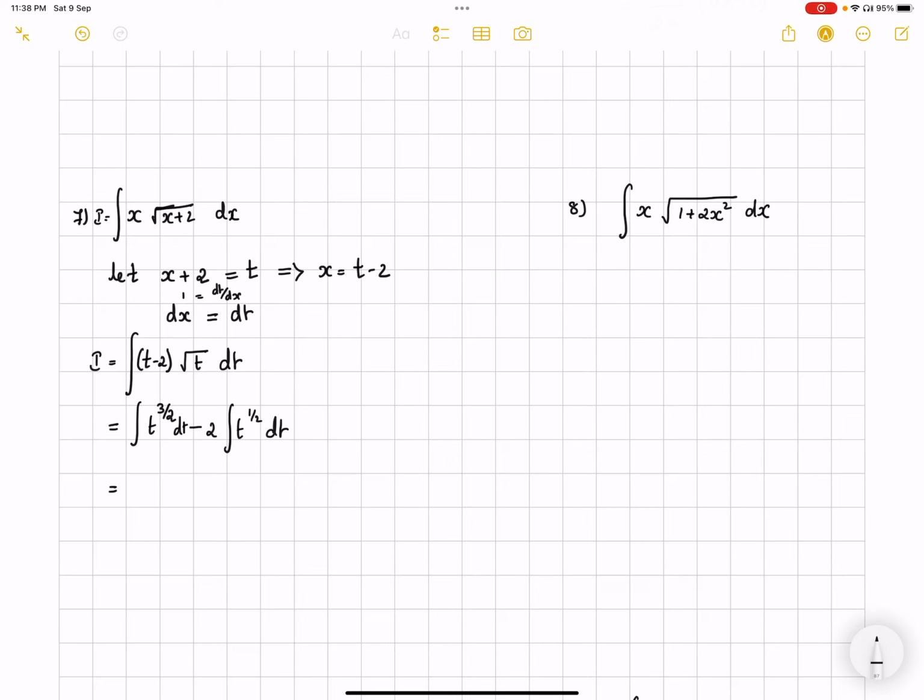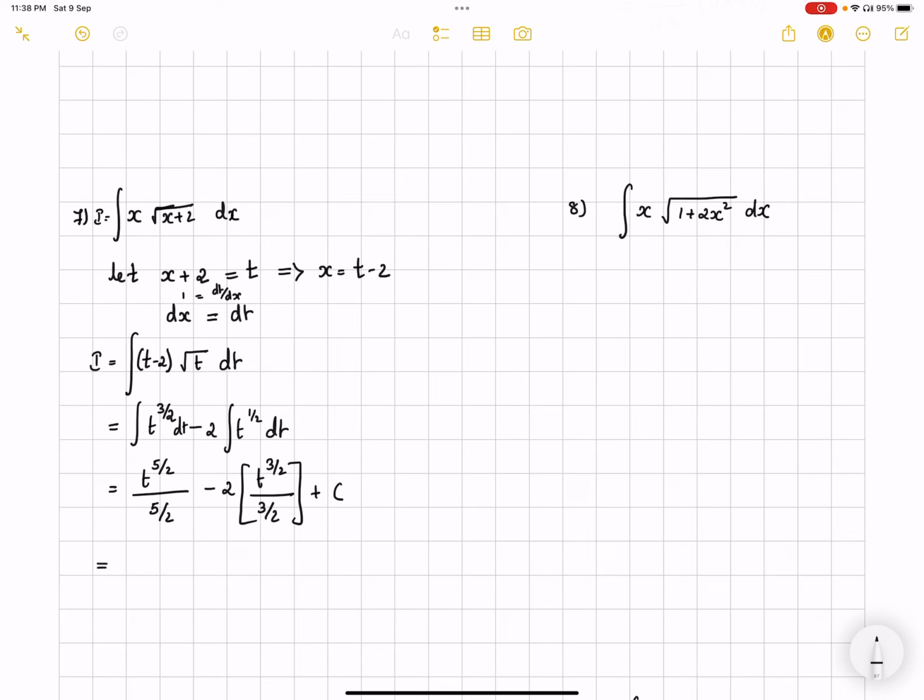So when I integrate t to the power 3 by 2, I would be getting t to the power 5 by 2. That is 3 by 2 plus 1 divided by 3 by 2 plus 1, which is 5 by 2. And then minus 2 times t to the power 1 by 2 plus 1 is 3 by 2, and here also 3 by 2. And then I would be getting plus c, right?